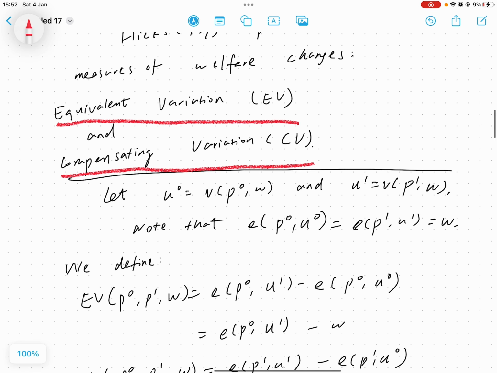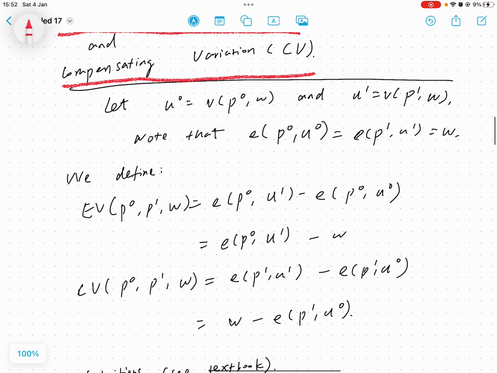So let's formally define those two variations. We still hold the same old assumptions as in the previous episodes. Whenever we use the superscript 0, we denote the old values, the old utilities or old prices, U0 or P0, and we use U1 or P1 to denote the new ones.